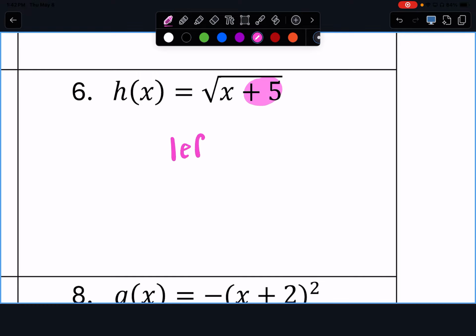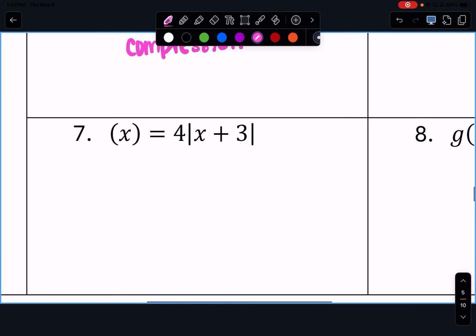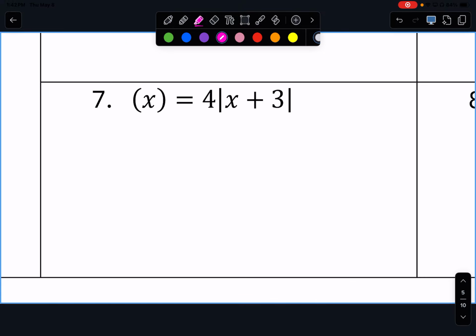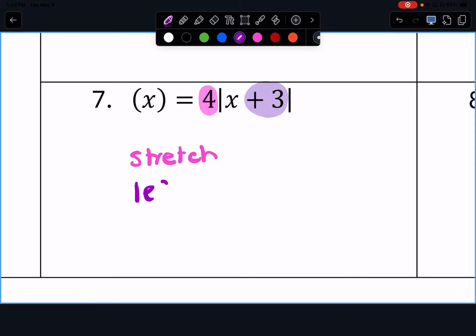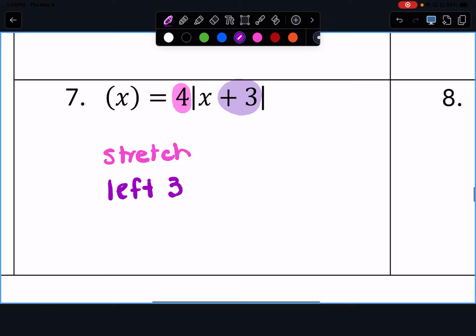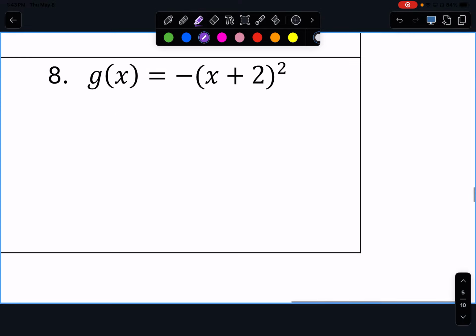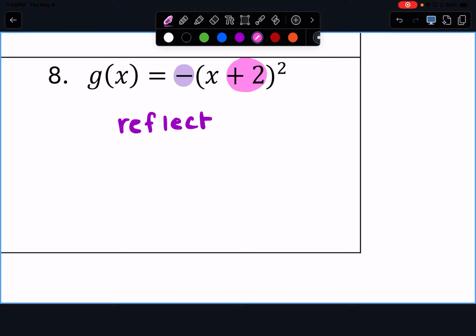Goes left. Number 7: what does the 4 in the very front cause to happen? And then what does the plus 3 cause? Left 3. For number 8, what does that negative in front do? Reflect. And then the plus 2 does? Left 2.